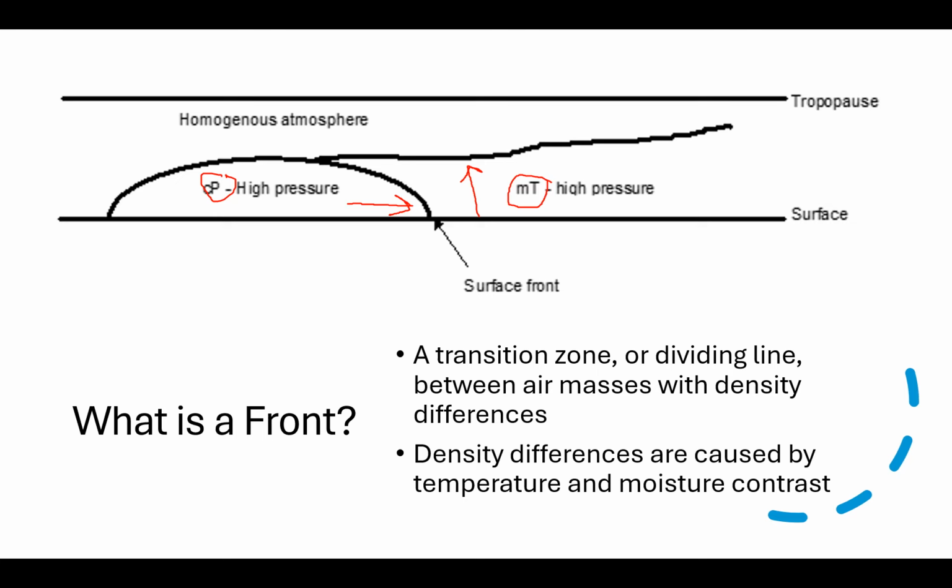Now, I wanted to point out one more thing about this diagram at the top, okay? This is the height of the tropopause. So this is the boundary between the troposphere, where we have our weather, and above that would be the stratosphere. But I want you to notice the solid black line here. In warm, moist air, the constant pressure surface tends to get higher.